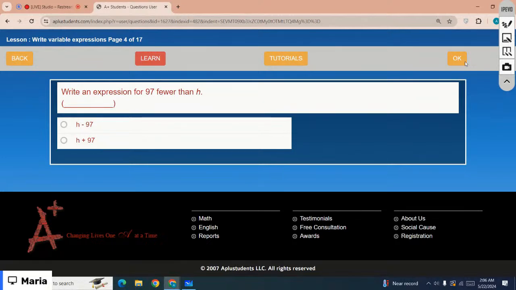That means you need to subtract, right? Fewer means you have to subtract. Very good. That is h minus 97 is the correct option.